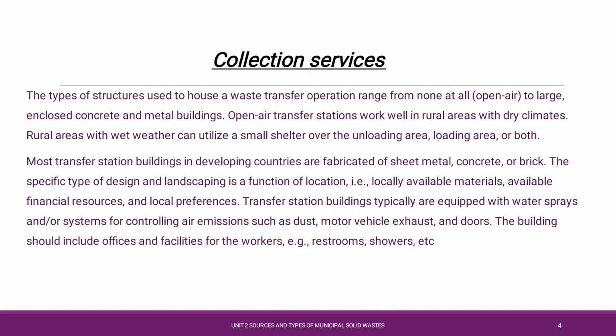Then the collection service. The collection service is the method by which waste is collected from different areas, mainly the residential, commercial and industrial sectors. While collecting waste from the residential area, it mainly depends upon the nature of the people living in those areas.